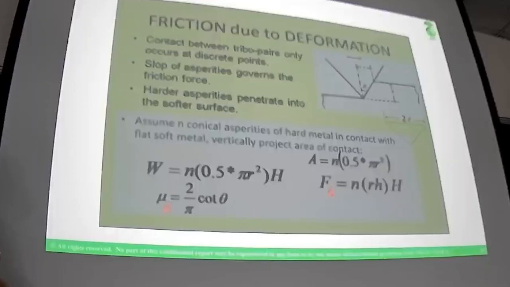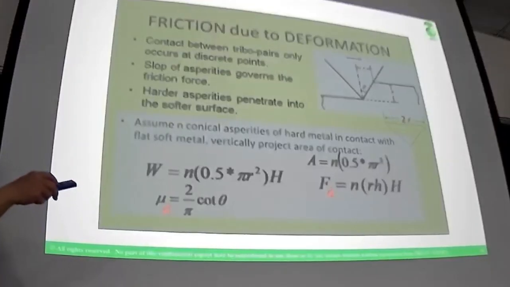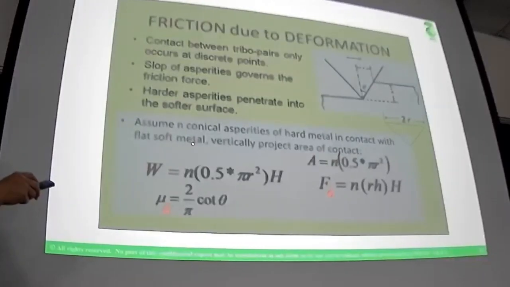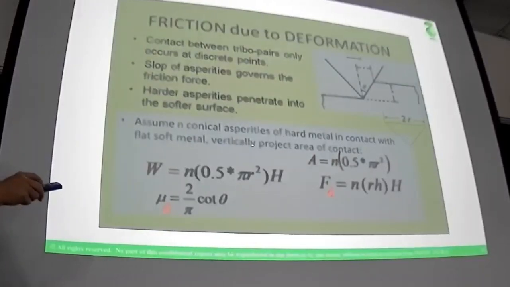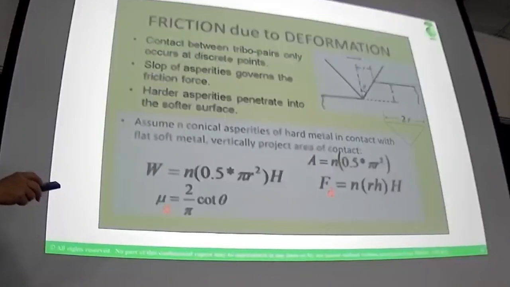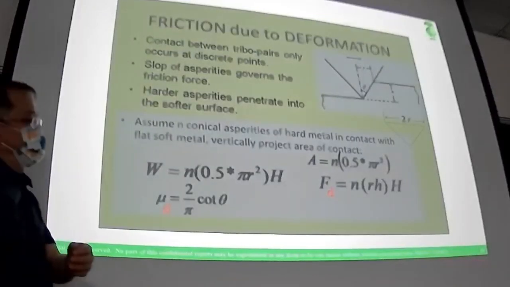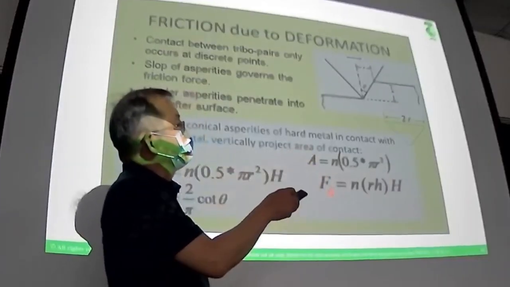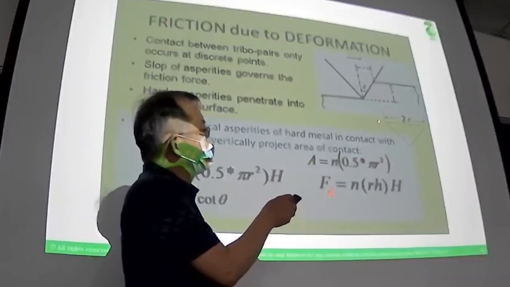For the hard material in contact with the flat soft material, the vertical projection area of contact: we assume we have n contacting points, and each of them has a contacting area, this one.